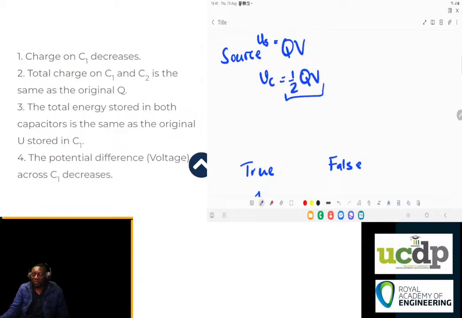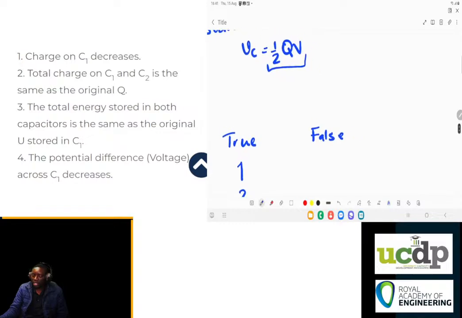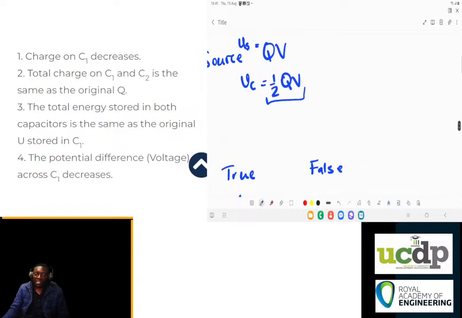It is basically an average energy. Then when we do the same with the capacitor, if initially we have an energy U1 from capacitor C1, then the energy that will be stored in the two capacitors will be less: UC1 final plus UC2 final, right?